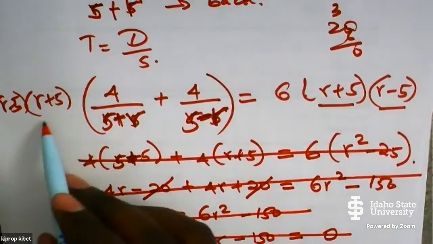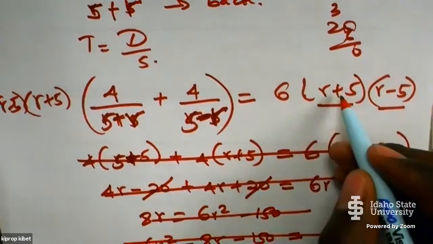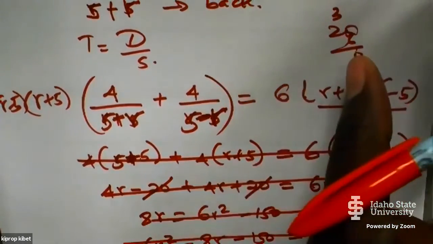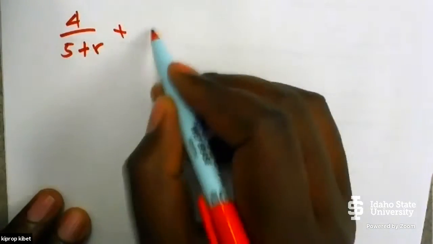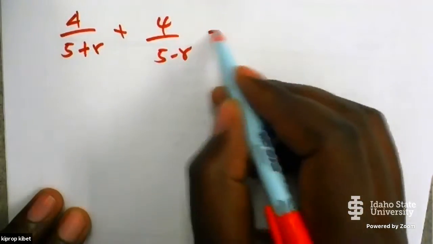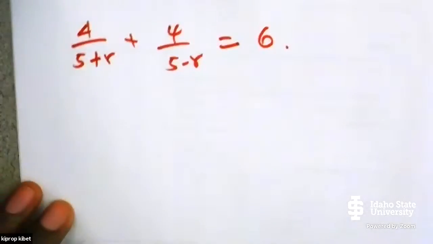So it should be 4 all over 5 plus r plus 4 all over 5 minus r equals to 6.